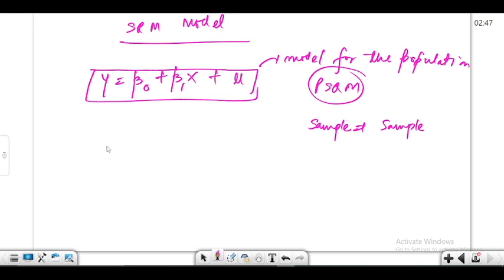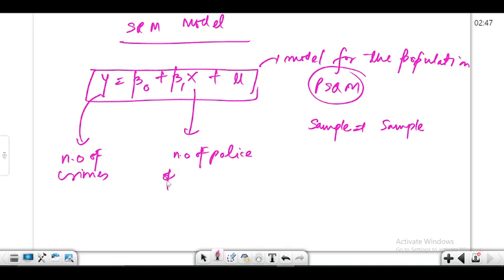So your y will become your number of crimes. Your x is the number of police officers, and your u is the other factors that affect crime rate.